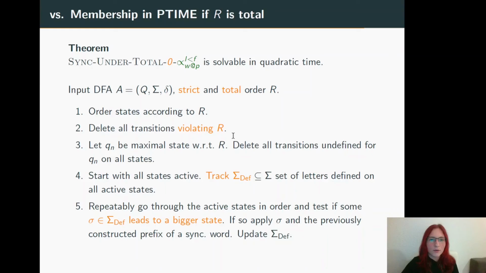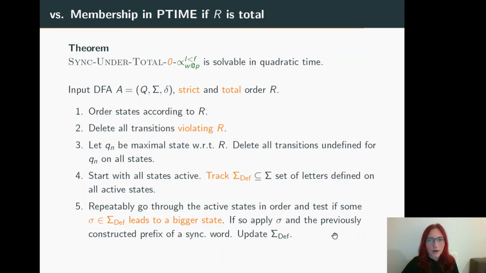Hence we can simply globally delete all transitions which would violate a pair in R, since R is a strict and total order. Next, assume the state Qn is the maximal state with respect to R. Then we can also delete all transitions globally which are undefined for the maximal state Qn.